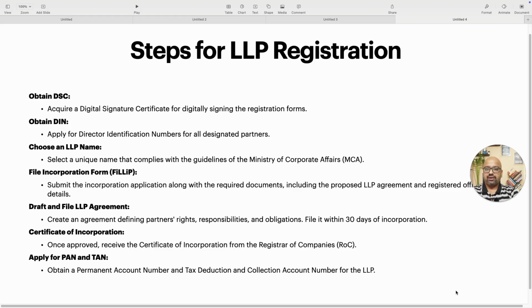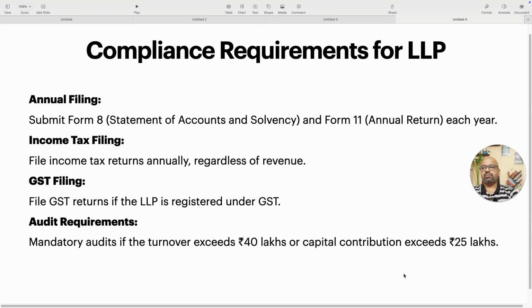Once everything has been approved, you will have the certificate of incorporation from the Registrar of Companies. So once you have this, that is a registered LLP, which is a legal entity. Then you will apply for PAN and TAN. Both are going to be used for your income tax and other taxation purposes. This will help you to run your business.